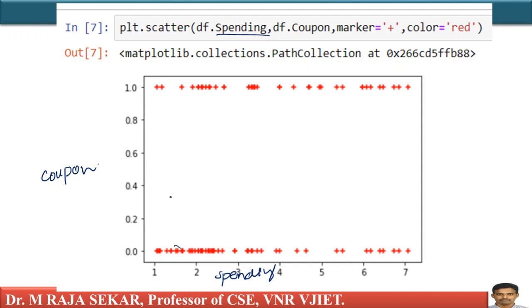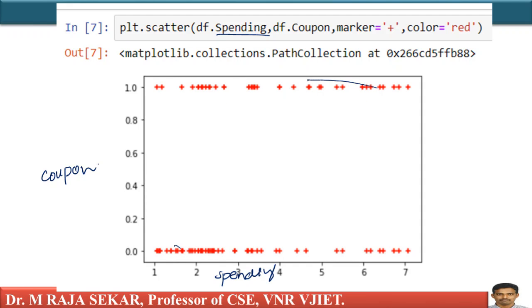When you fit linear regression to this kind of data set, there is no meaning to that, isn't it? Why? Because I cannot fit a straight line for this data set. So one way to fit a line for this kind of data is an S-shaped curve.